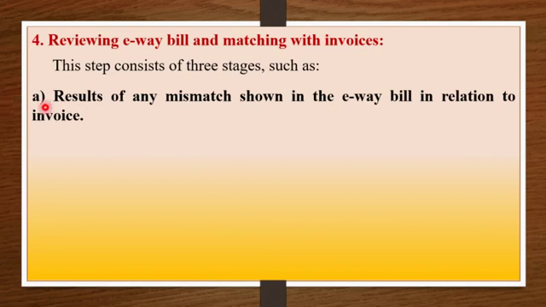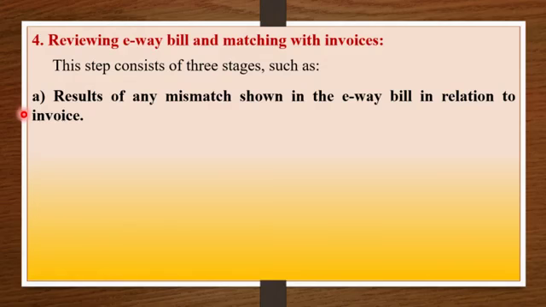The first is the result of any mismatch shown in the e-way bills in relation to the invoice. As is a familiar fact, an e-way bill is not alterable and it is not possible to delete it, but it is permissible to cancel it within 24 hours of its generation. When goods are shifted without an e-way bill, the designated authority could impose a fine.